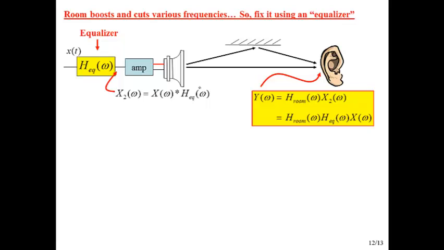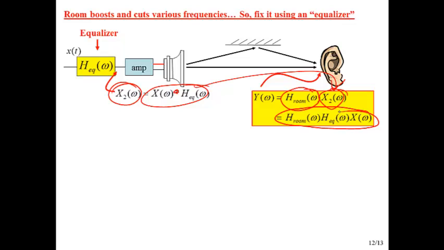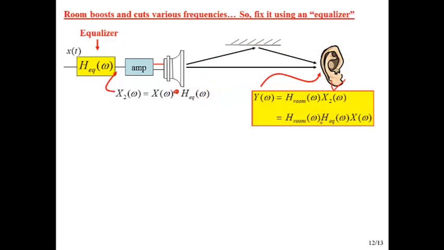If this product is what's coming out, then we know that our room hits against this, and plugging in all of that, we get this triple product for this cascade of our equalizer cascaded with the room. And that's a standard result: cascades of systems result in multiplications of their individual frequency responses.